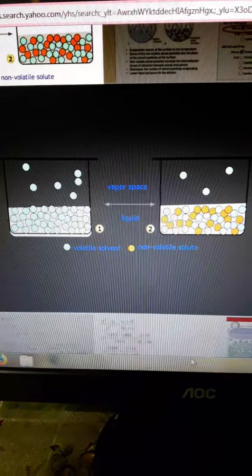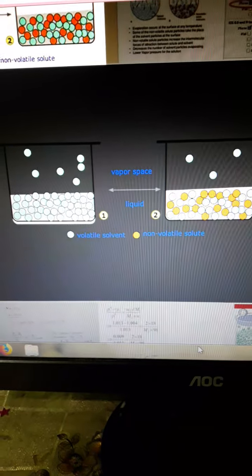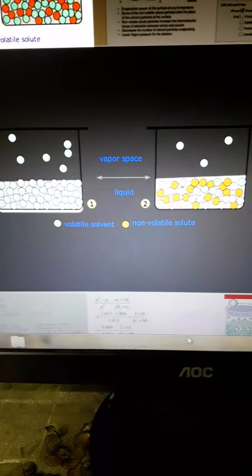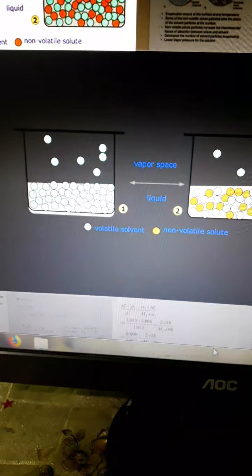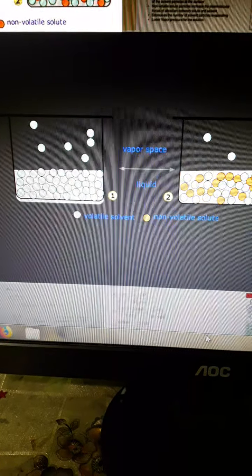Now children, I will explain the addition of a non-volatile solute to the solvent. Over here you can see that the white color molecules or particles represent the solvent, and the yellow color ones represent the non-volatile solute. Suppose in the first one there is only a pure solvent.